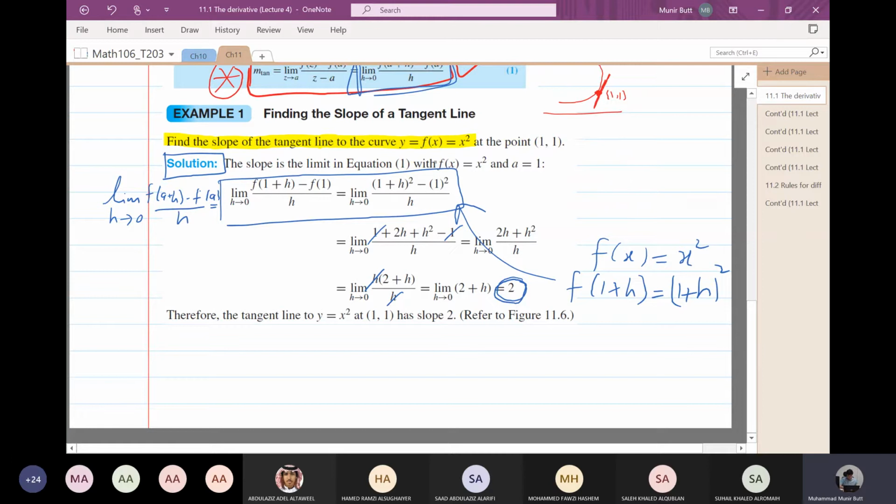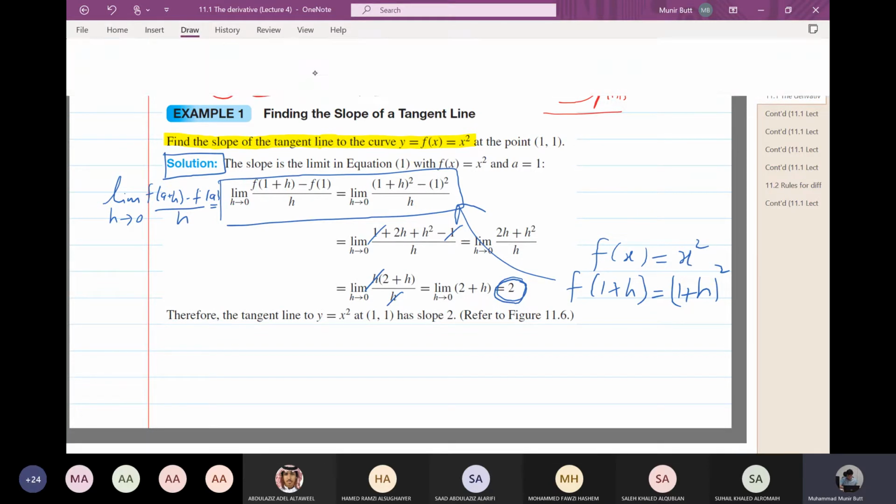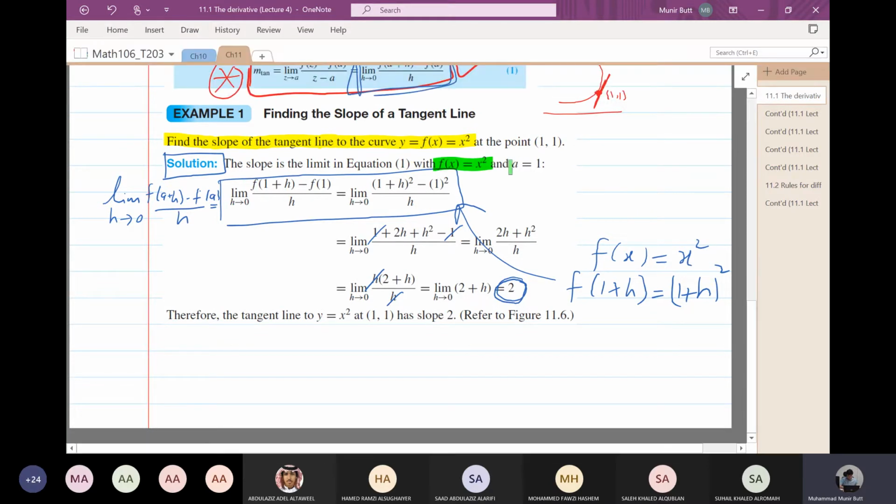Everything is written here. So f of x is this, a is 1, so this is equal to this one, and f of 1 is this one, and h is h. Okay, any question?